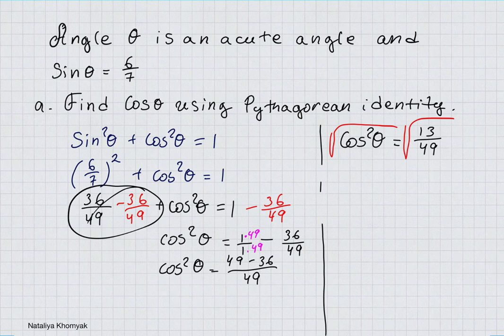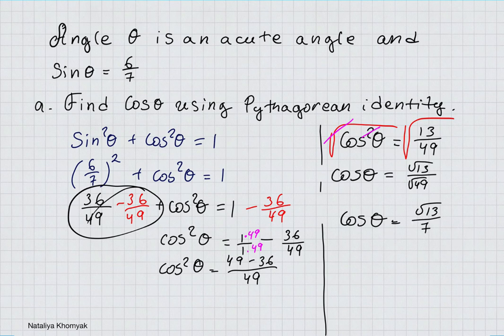Square and square root are inverses, so they cancel out, and we get cosine theta is equal to square root of 13 out of square root of 49, and we get cosine theta is equal to radical 13 out of 7. And this is our solution for part A of this problem.